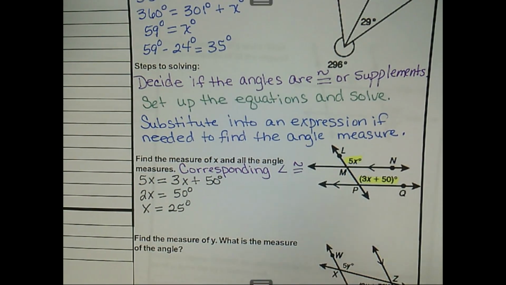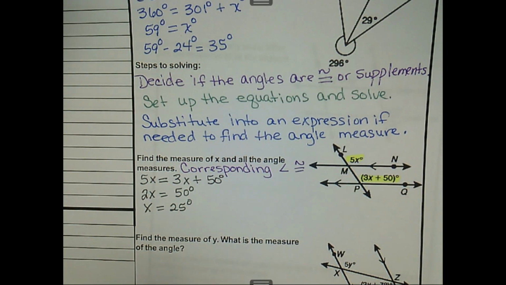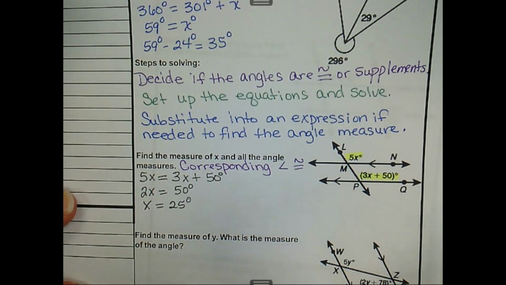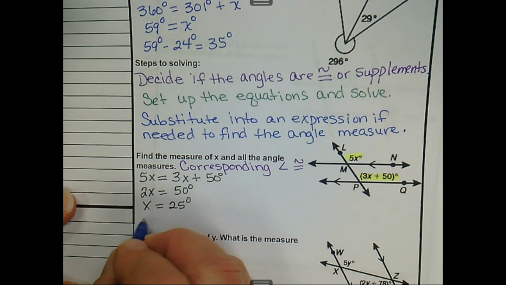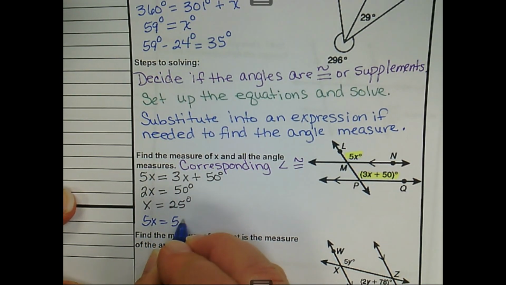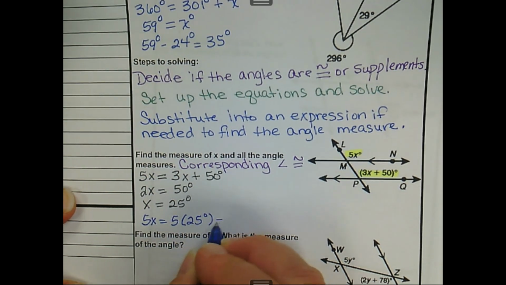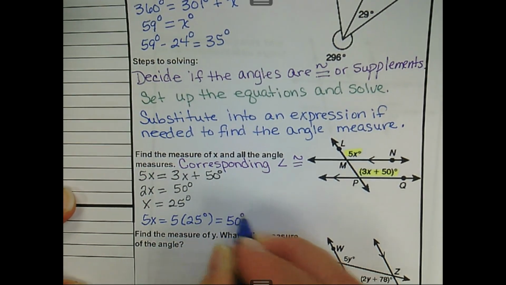Okay, so I've got my x. I need to find that angle measure. I substitute into one of the two expressions. It's obvious that 5 times x is going to be your quicker expression to solve. 5x is equal to 5 times 25 degrees, which is equal to 125 degrees.